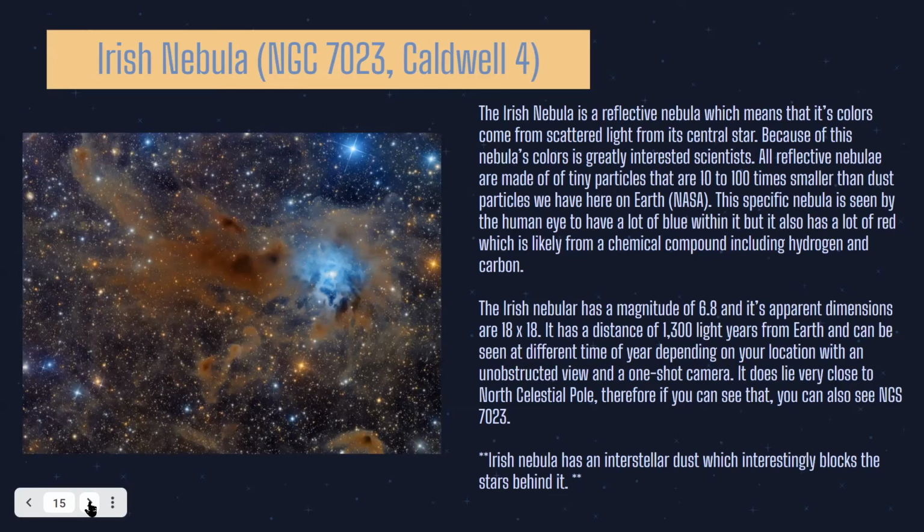Therefore, you can also see NGC 7023. And a cool little fun fact about the Iris Nebula: it has interstellar dust, which interestingly blocks the stars behind it. So that's also contributing to what we see, along with, of course, the fact that it is so many light years away from Earth.